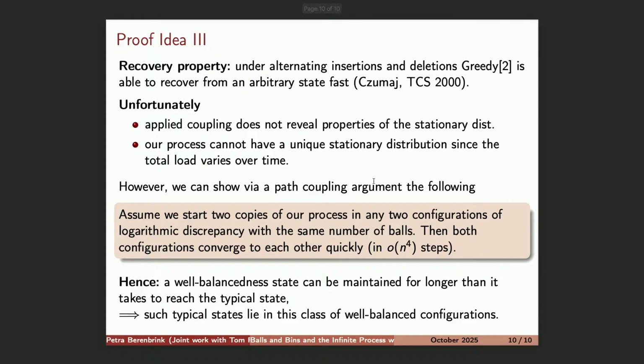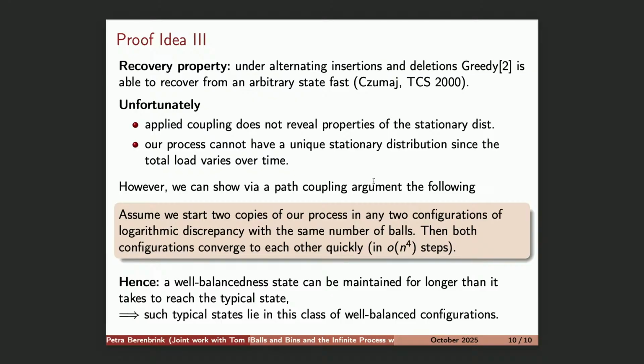What we did was use the recovery property of bolts into bins games. You find the recovery property in several papers, but for example, Arthur Schumer had a very nice result years ago where he looked at the bolts into bins process with insertions and deletions, and he showed that the process recovers very quickly.